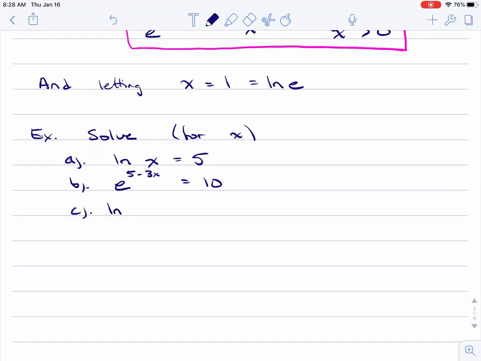And C: the natural log of x minus 2 plus the natural log of x equals the natural log of 5. Especially for that last one, I want you to pay attention to the domain, meaning there will be values of x that are no-goes. So I'll give you a little bit of time to work on this, and then we'll go through it.